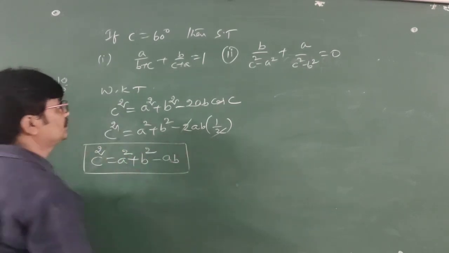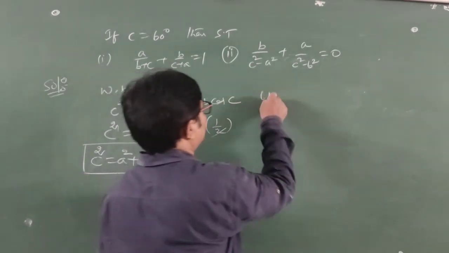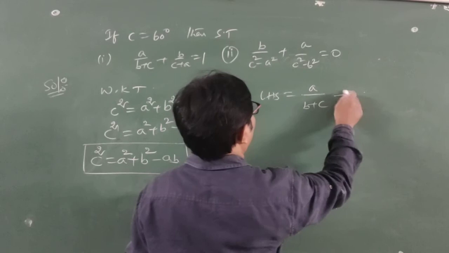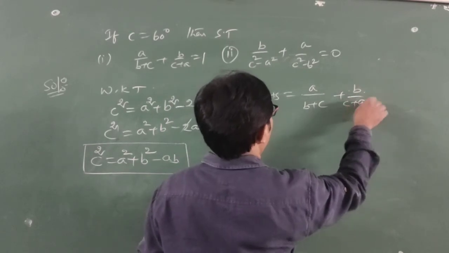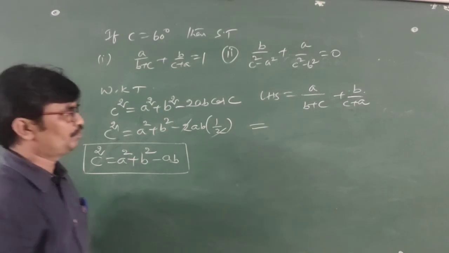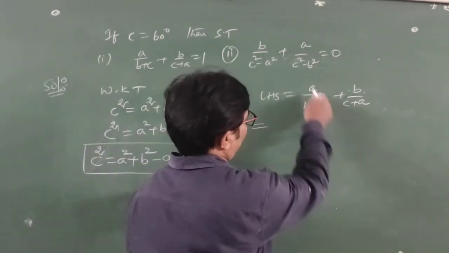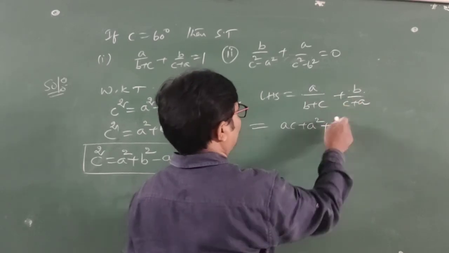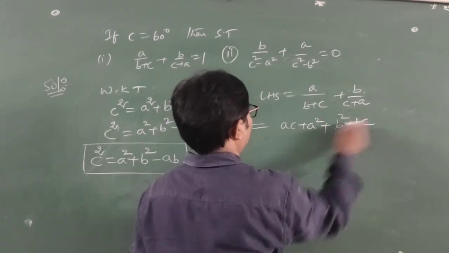Okay students, what is there in the left hand side? a/(b+c) + b/(c+a). So students, the LCM: a(c+a) gives ac + a², after that b(b+c) gives b² + bc.